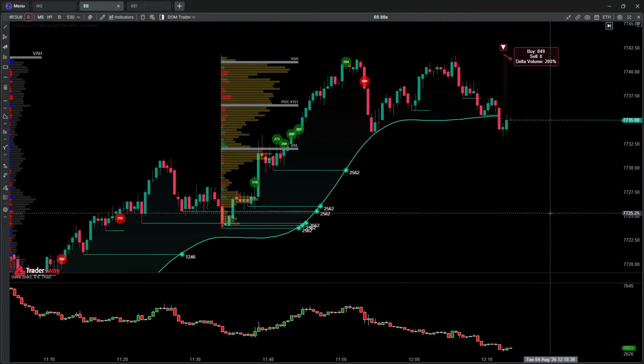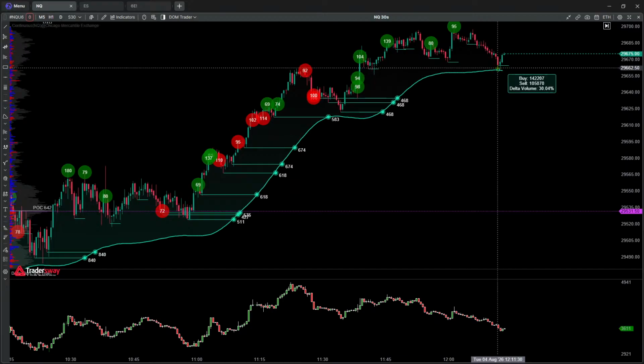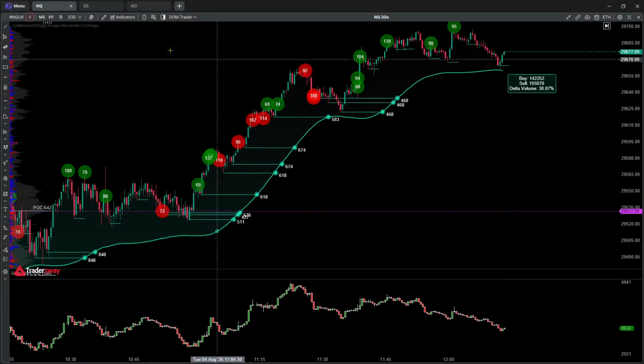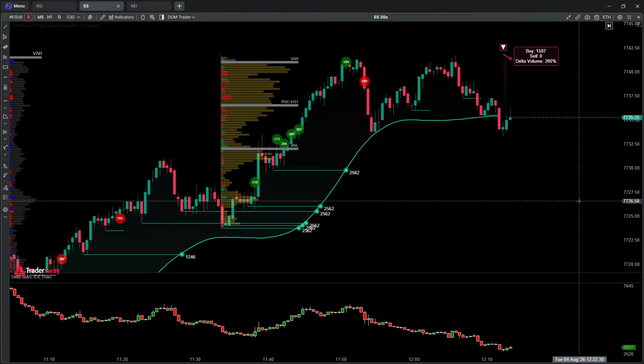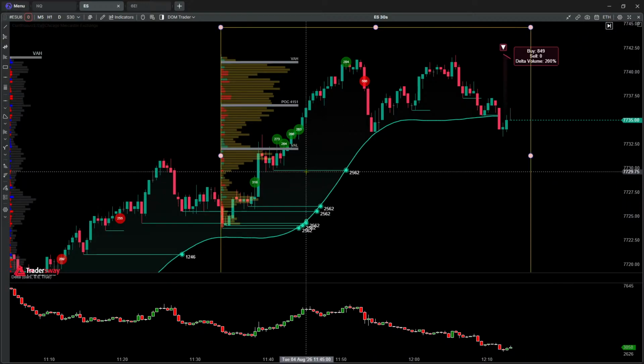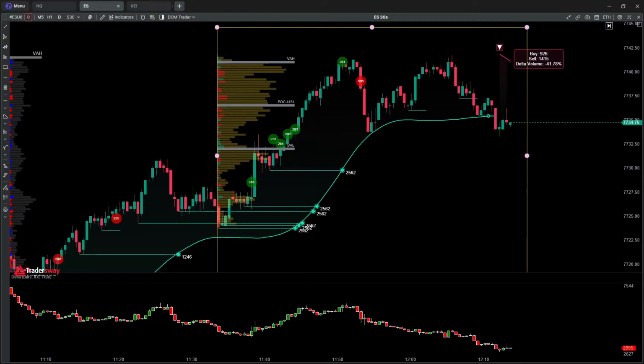Aggression is already in the market, and Q is still struggling with that volume index average. Next one could be here at 77.29.